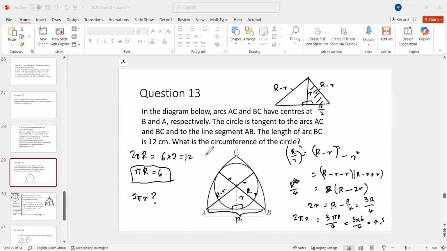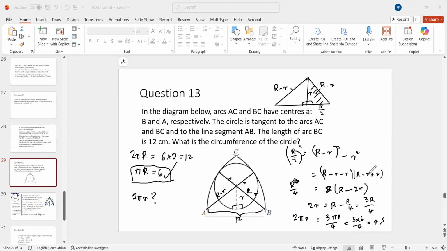All right, so what happened here is the circumference of the large circle is obviously this, but this is correct. Pi R is 6. Now I've also got in this diagram here, this is R minus r, this is r, and this entire thing is obviously R again. So you have capital R over 2 in this, and therefore you can use Pythagoras to say that this thing here squared, which is R over 2 all squared, is hypotenuse squared minus this.